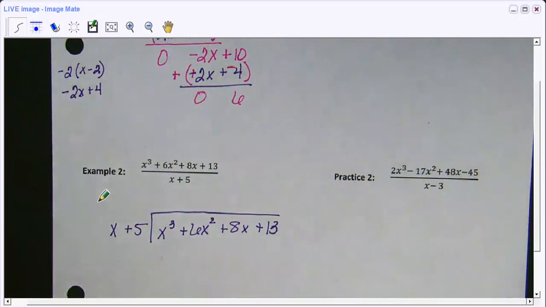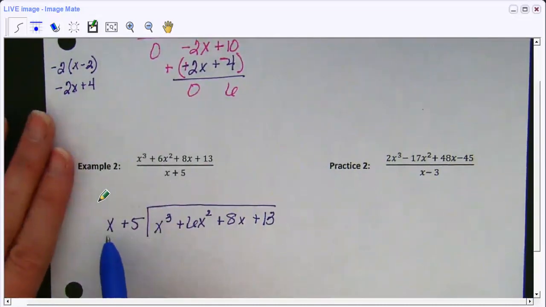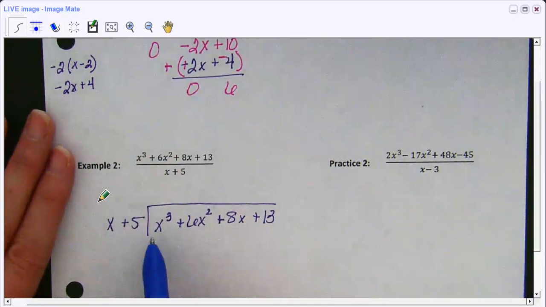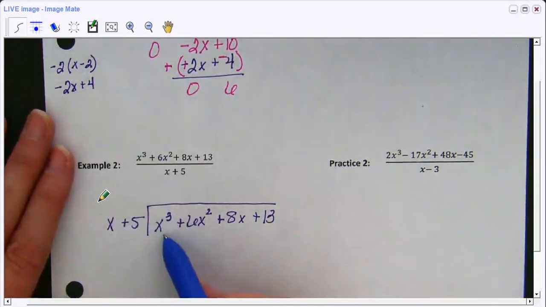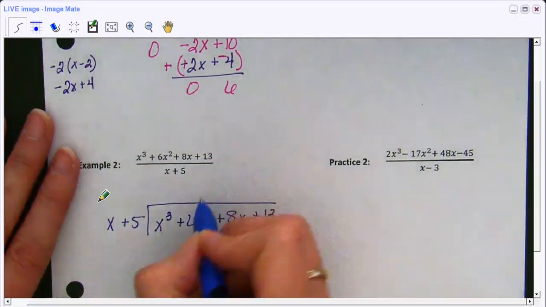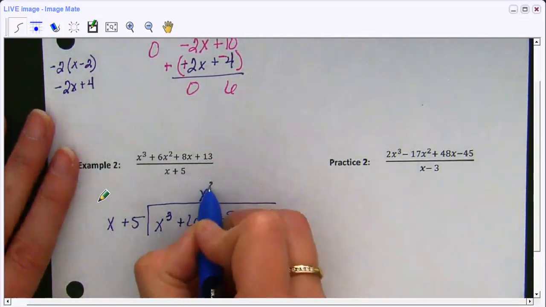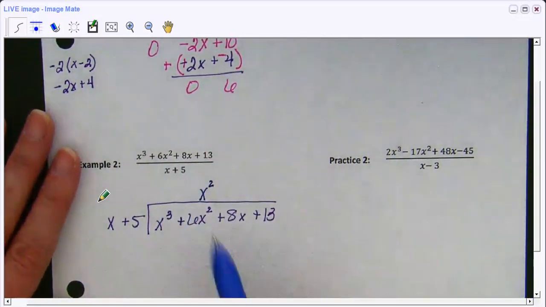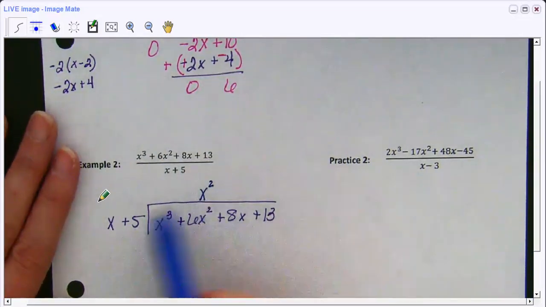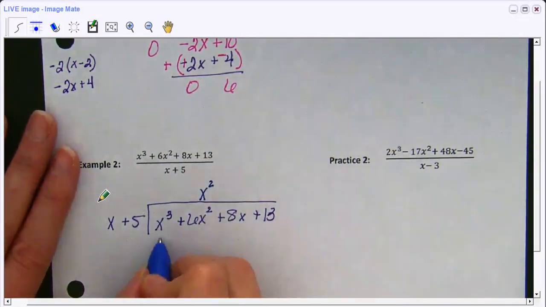Okay. So how many x's can fit in x cubed? Or x times what gives us x cubed? Yes, x squared. So we're going to put an x squared here. And then we're going to multiply. X squared times x is x cubed.